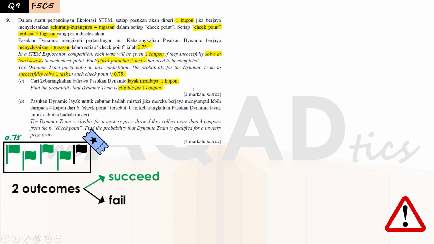Now to set our x, our unknown, we can focus on the number of successful tasks. We are not going to follow the number of failed tasks, because this question only focuses on the successful tasks. So the x value will be the number of successful tasks.